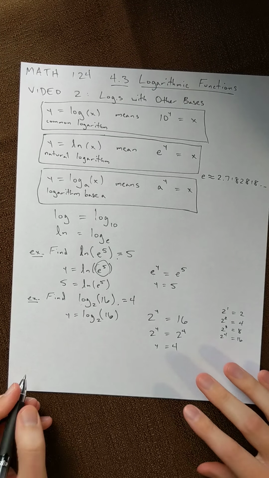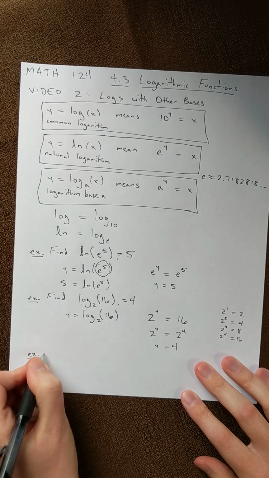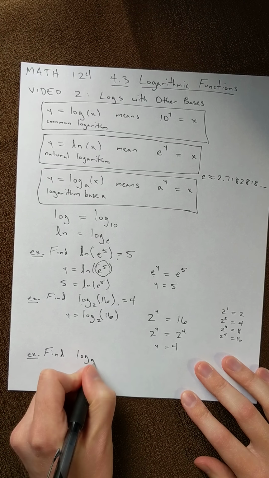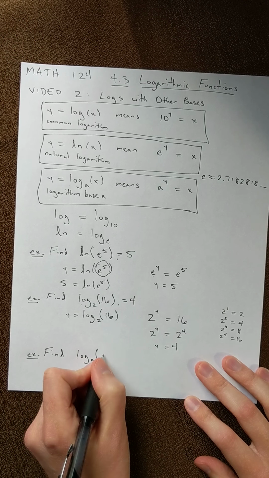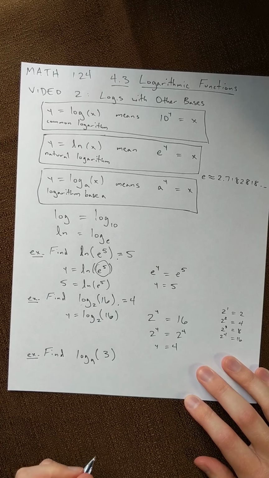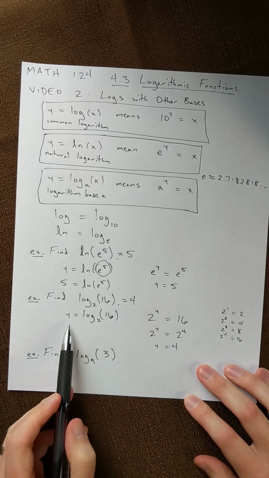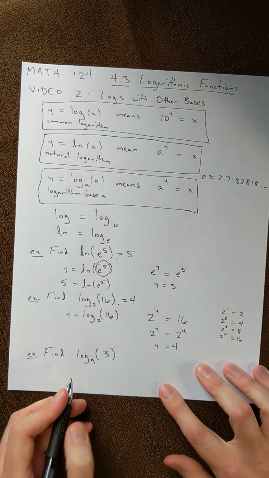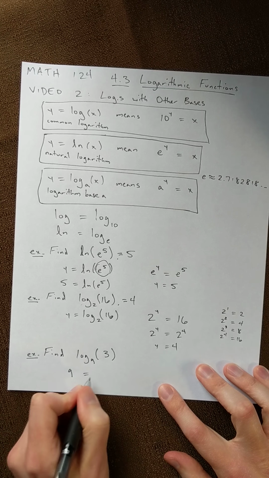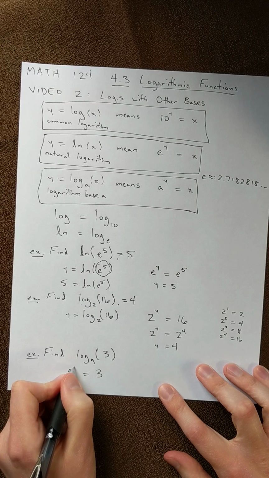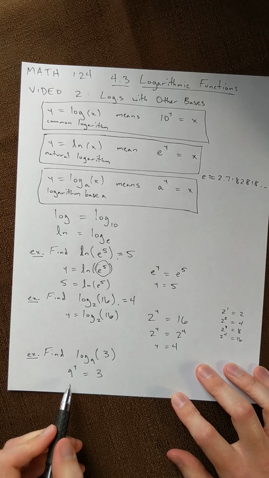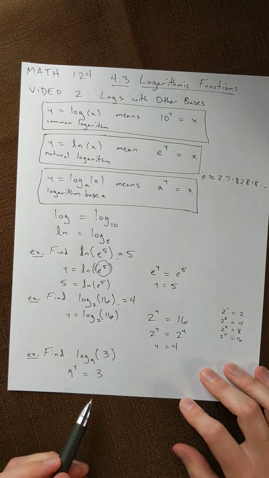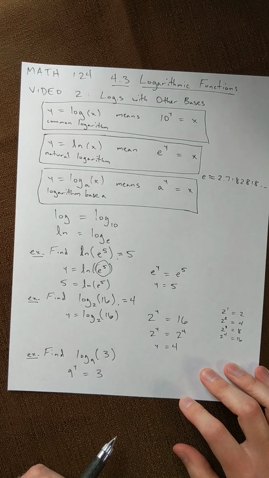Okay, let's try some more. Let's try log base 9 of 3. Okay, let me see if I can skip writing this and jump straight to writing this. So our base is 9, our answer is 3, and so the missing exponent should go there. So 9 to a power, base and exponent should go together. 9 to a power spits out 3.